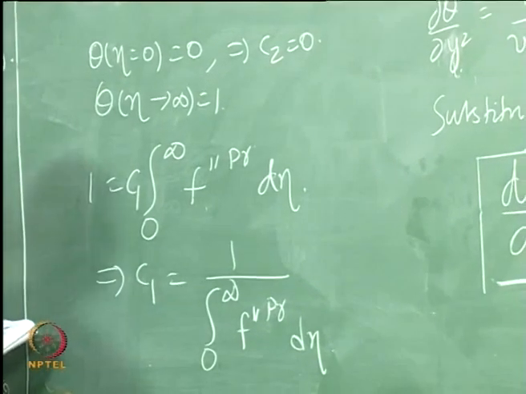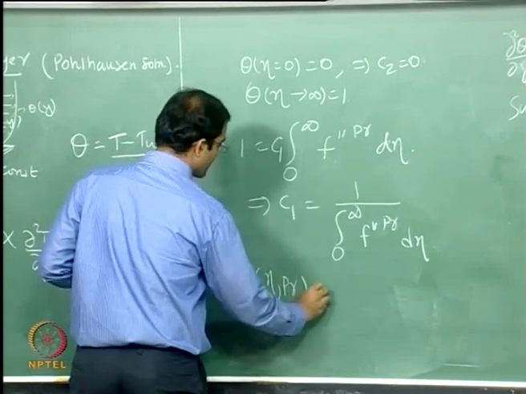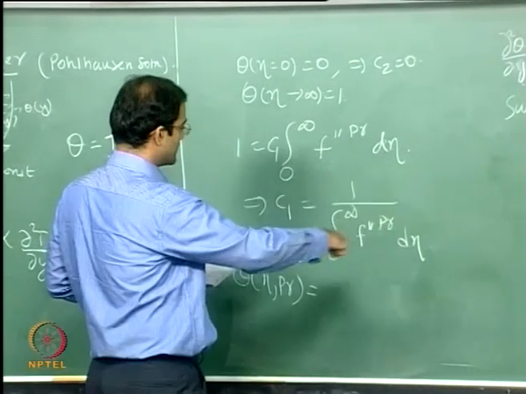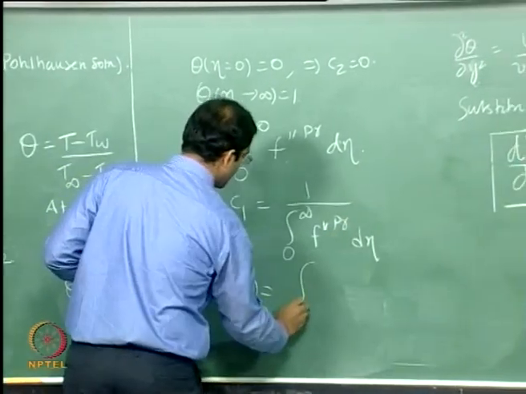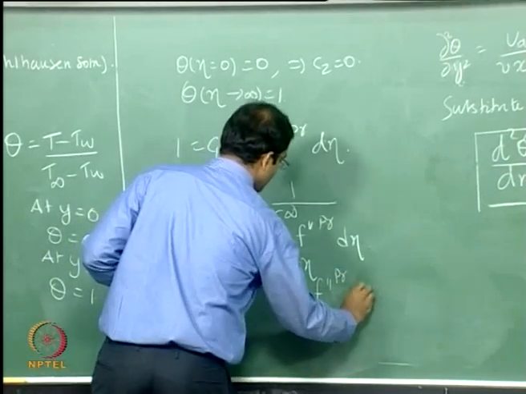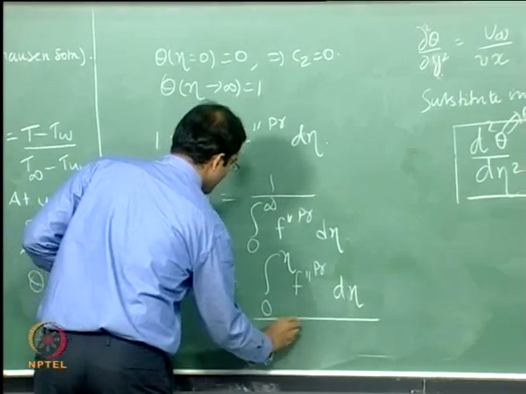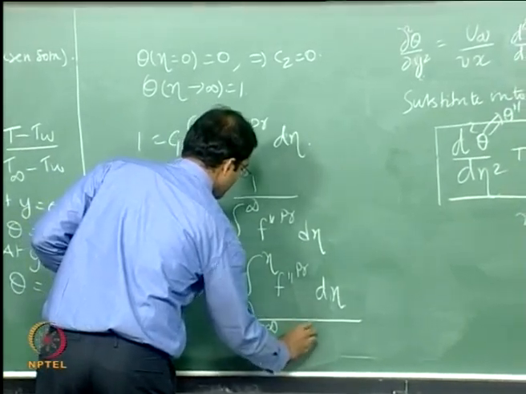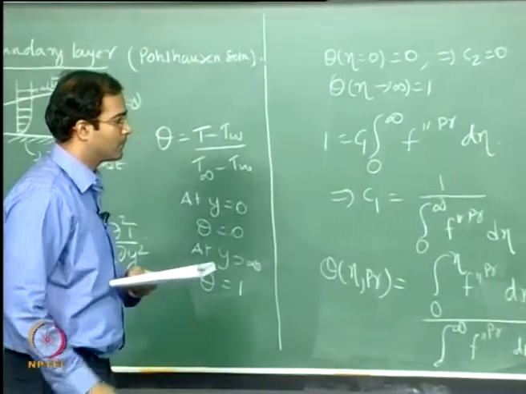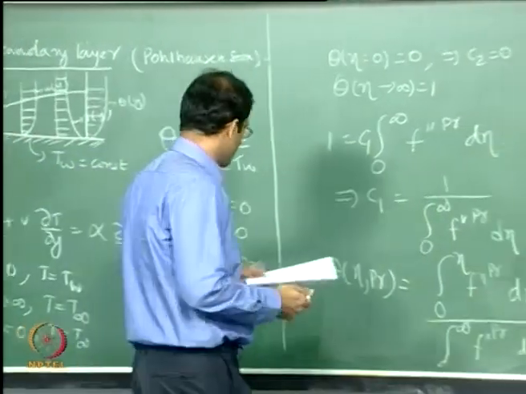So this gives my final expression for theta as a function of eta and Pr. That is the c1 which I have calculated now. In the numerator I have the integral from 0 to eta of f double prime to the power Pr d eta, divided by the integral from 0 to infinity of f double prime to the power Pr d eta. Everybody is convinced?